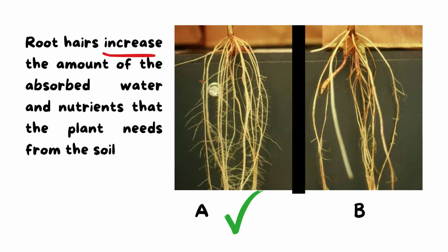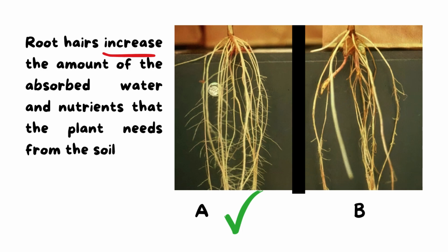So as you see here, we have 2 pictures, A and B. What's the difference between the 2 pictures? Yes, in picture A, the roots have more hair-like structure, root hairs, than the roots in picture B. So you conclude what?